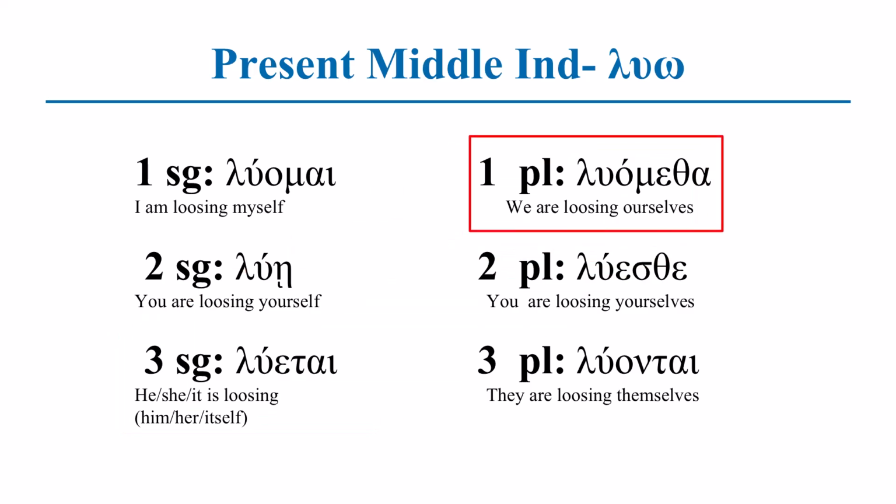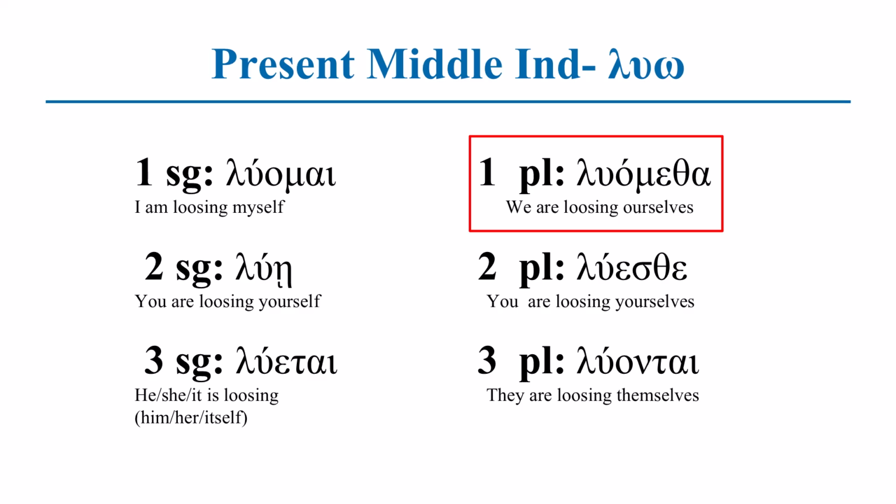In the first person plural, you have luometha. The translation is, we are loosing ourselves. Remember, these are singular endings, and these are plural endings. So the translation should show even the number aspect. If it's singular, the translation should be singular. If it's plural, the translation should be plural.